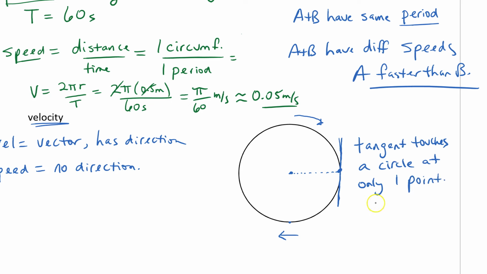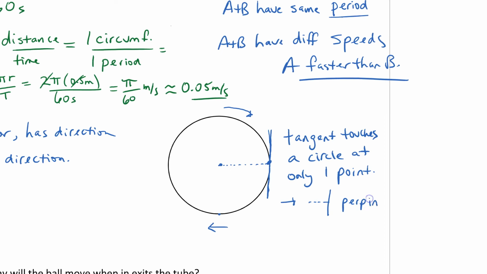The other thing about the tangent is that the tangent is perpendicular to the radius. So you'll notice that this is 90 degrees here. So if I was to ask you, well, what about, say, at this spot over here?